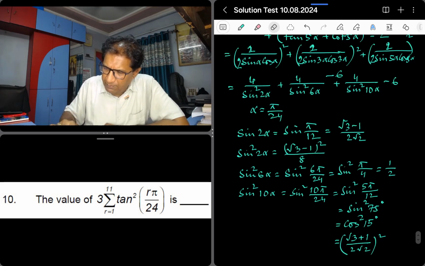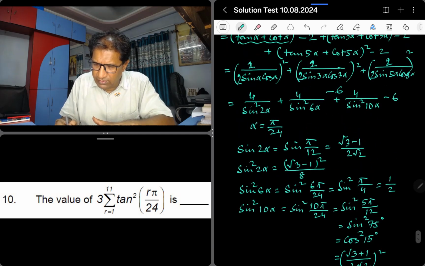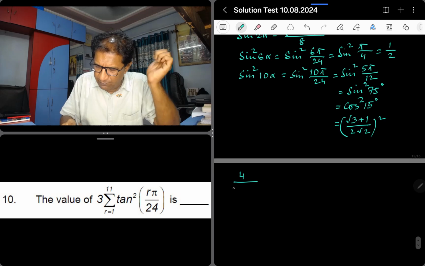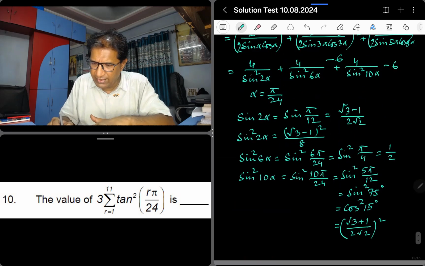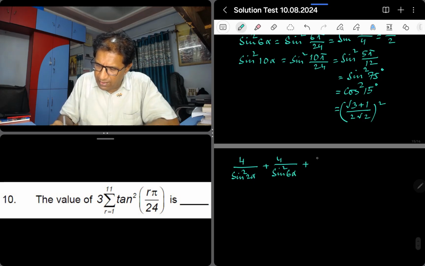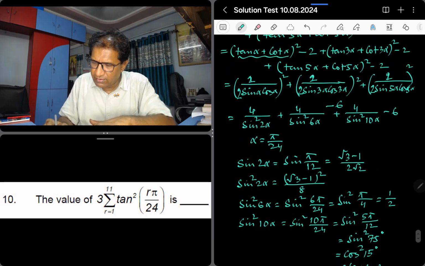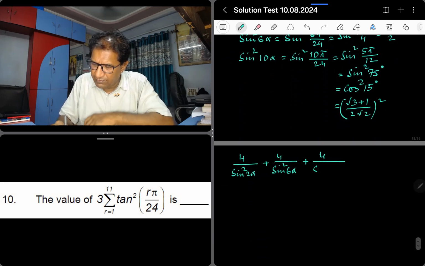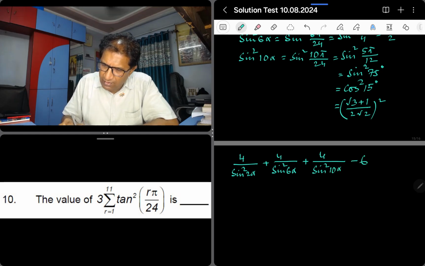Therefore, this sum will be 4 over sine square 2 alpha plus 4 over sine square 6 alpha, plus 4 over sine square 10 alpha, minus 6.